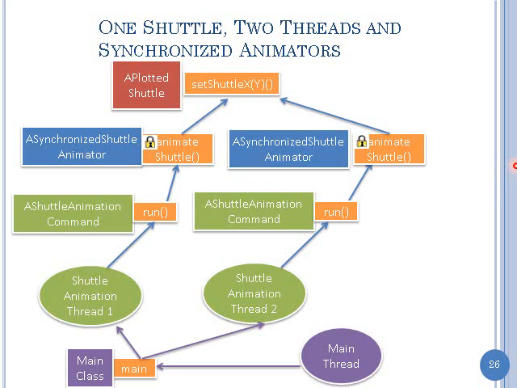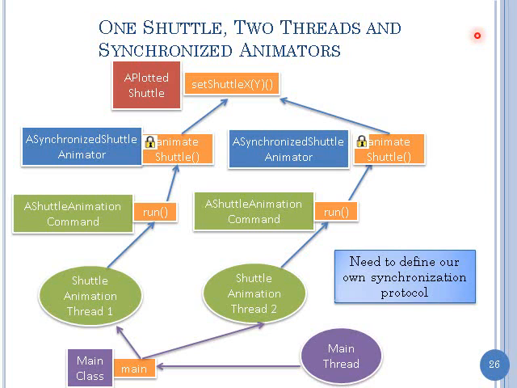And if you really want multiple animators to be synchronized, our synchronized method will not work. We need something more fancy. Okay? So I just want to show you the limitations also, that the synchronized method is a form of synchronization that is built in, but we need our own synchronization protocol, and for that we need to learn some more. Okay?